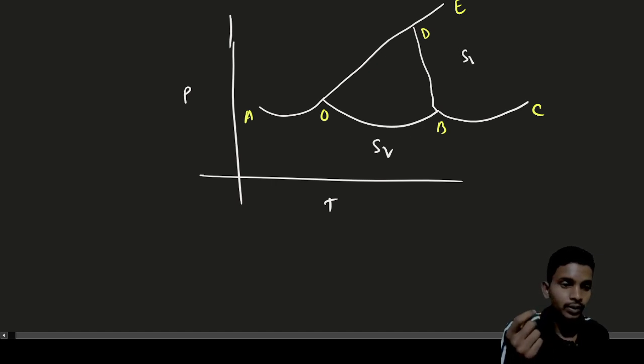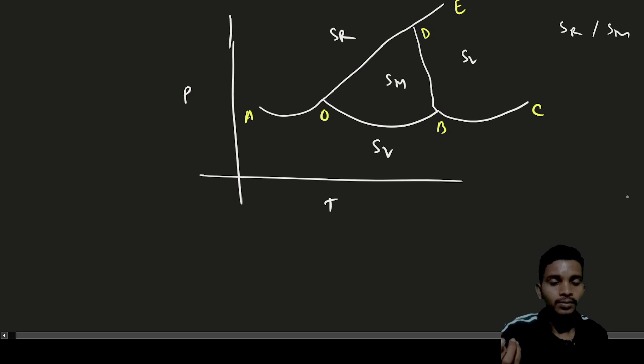This area is the liquid area, and the solid area is divided in 2: one is for monoclinic and the other is for rhombic.